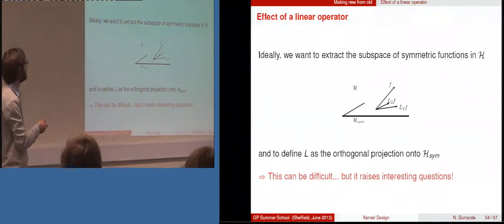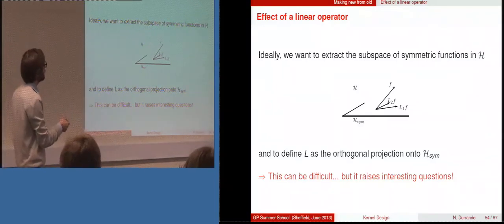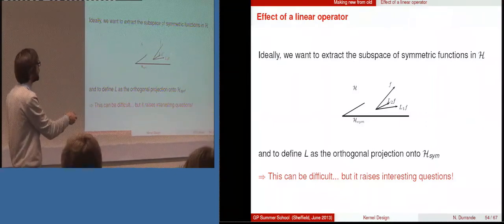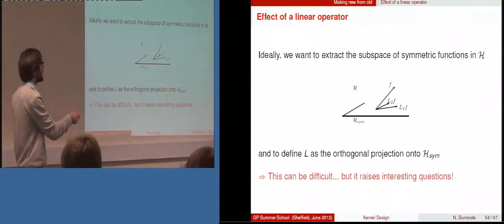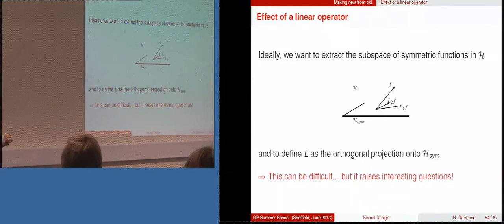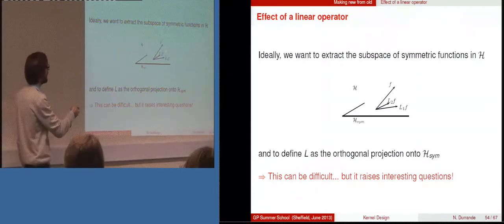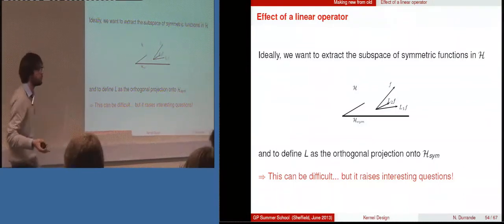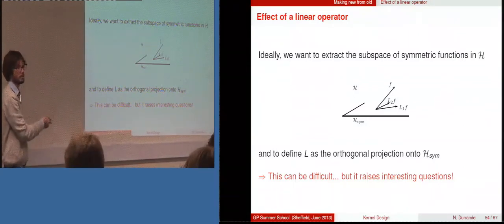That's from the previous talk, so that's the notation for the reproducing kernel Hilbert space. Basically we have our function f, and here the subspace of symmetric functions, and there are many, many ways to project this function onto this subspace. Here is L1, here is L2, and the idea behind that is that there must be an optimal way to project f onto the subspace, given by the orthogonal projection onto this subspace.